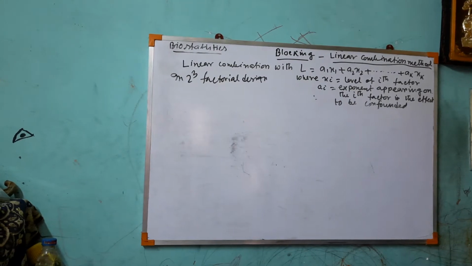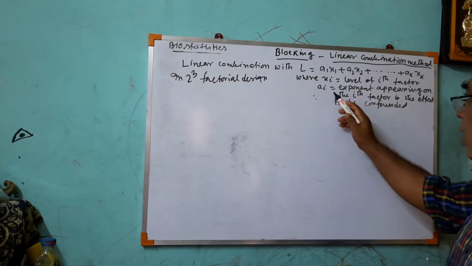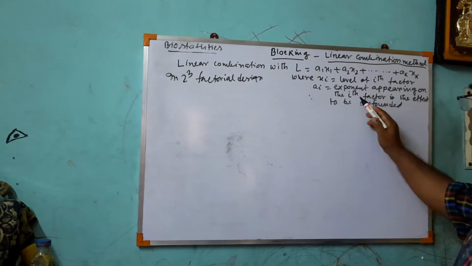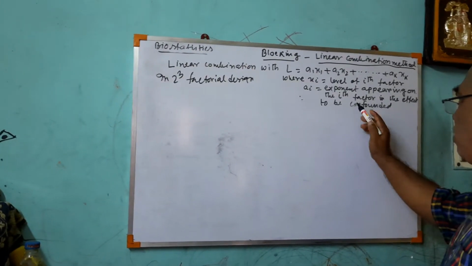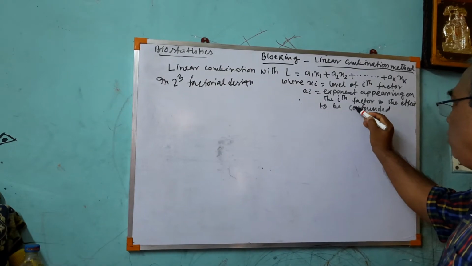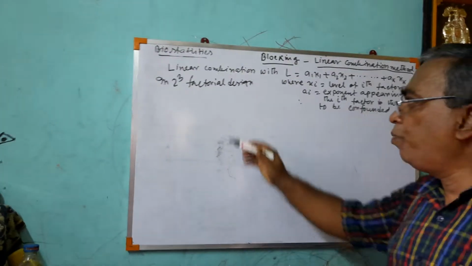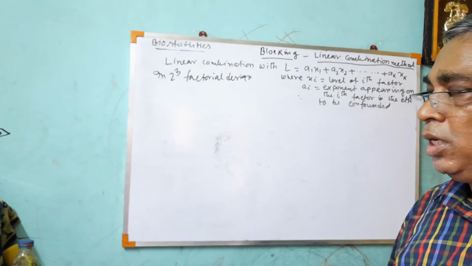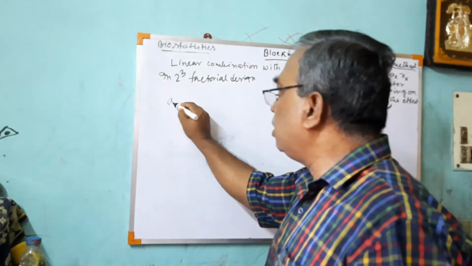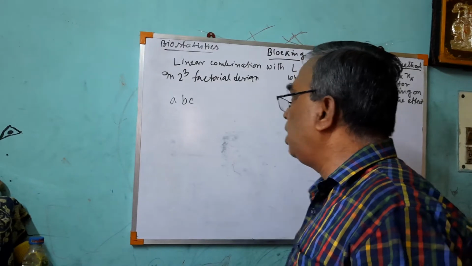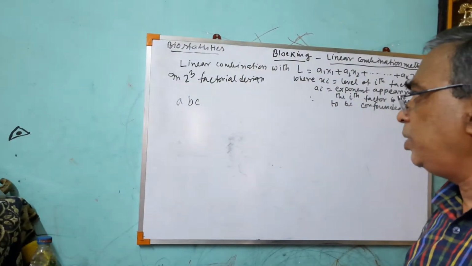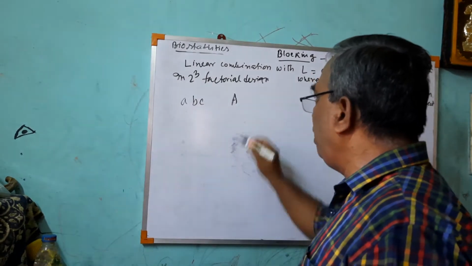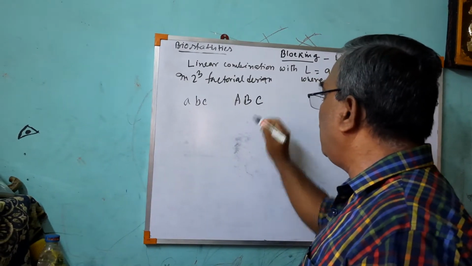Be careful. ai is the exponent appearing on the ith factor in the effect to be confounded. In a 2 to the power 3 factorial design, the highest order treatment combination is ABC, where A, B and C are all at higher level.